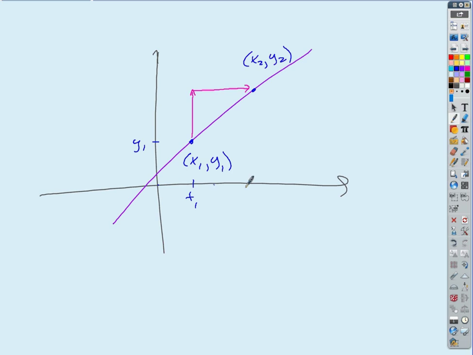I've gone over to the right by x2, and I've gone up by y2. So what is that distance right there? X1, Y2. Ah, there you go. It's just y2 minus y1, isn't it? Isn't this distance right here just y2 minus y1? Would agree.